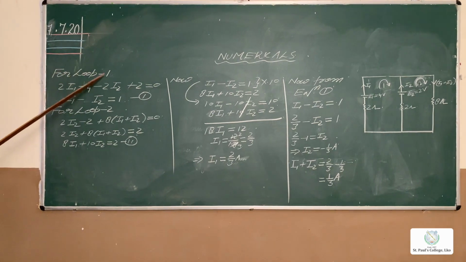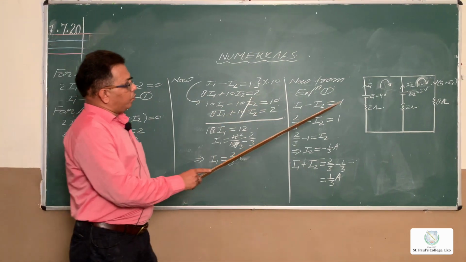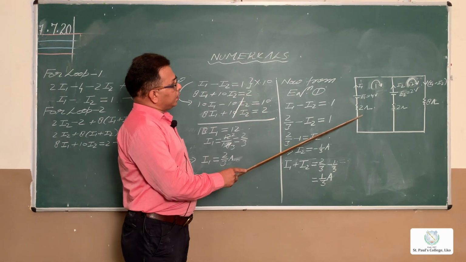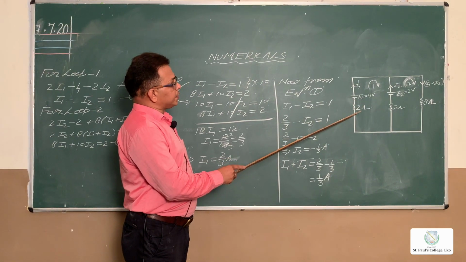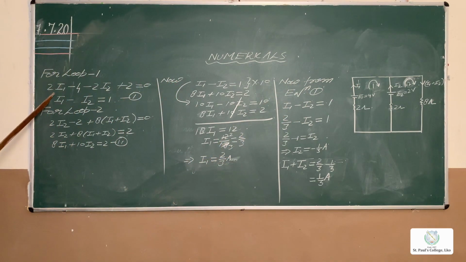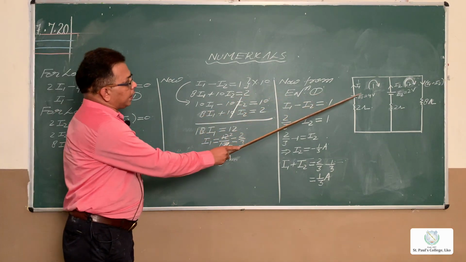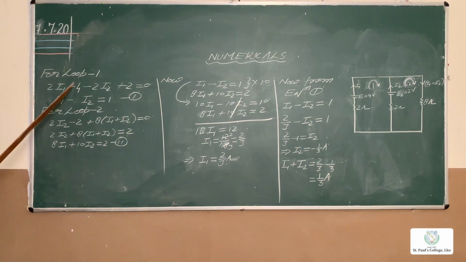For loop 1, as I have told you, first of all you will take the multiplication of I1 and 2, the resistance and the current. So you will write 2I1, this will be positive, and the EMF E1 will be negative.